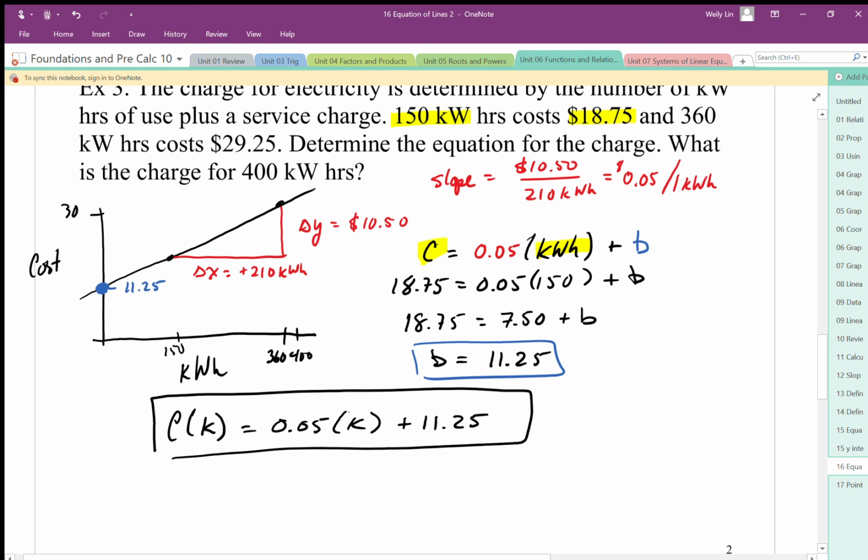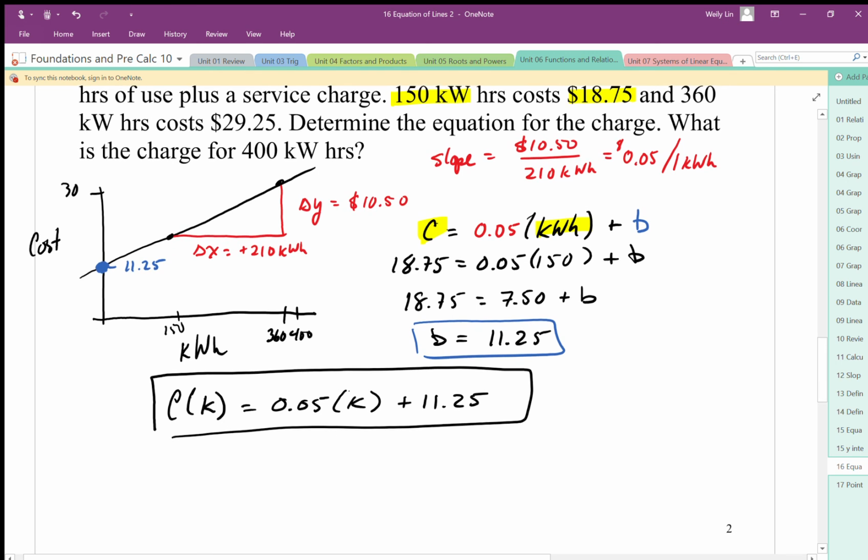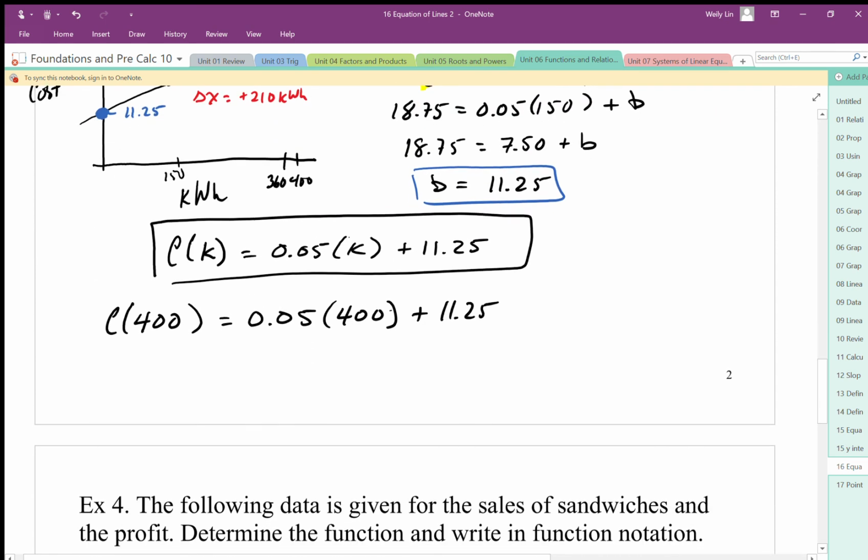Now I can use this equation to then calculate the charge for 400 kilowatt hours. So I'm going to put 400 into my equation. Okay, and then in doing that, I can then calculate my charge.